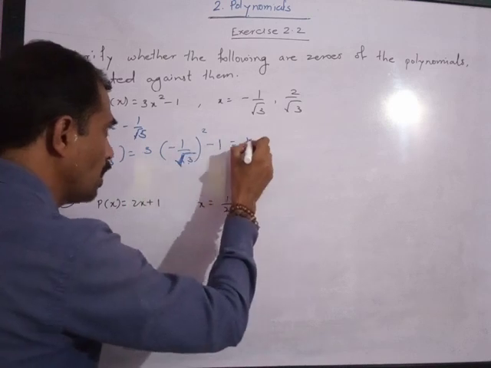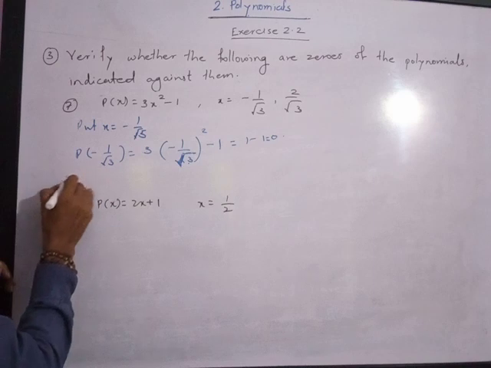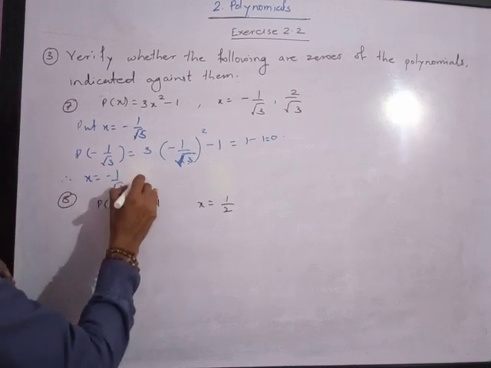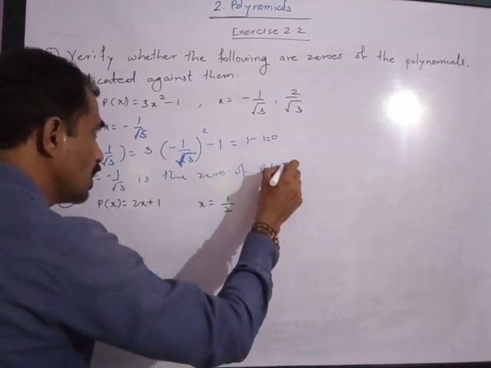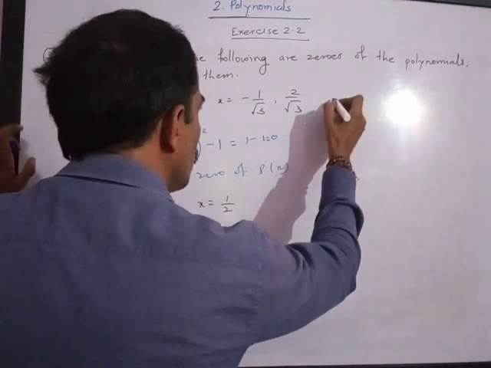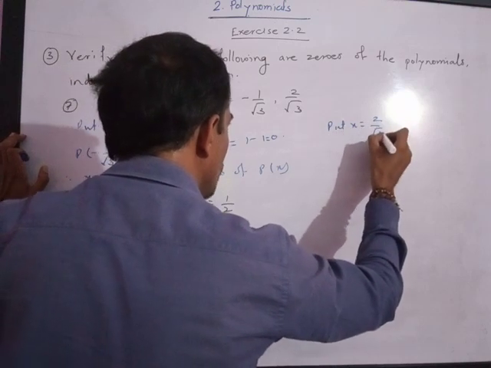So we will get 1 minus 1, that is equal to 0. Therefore x equal to minus 1 upon root 3 is a 0 of p of x.